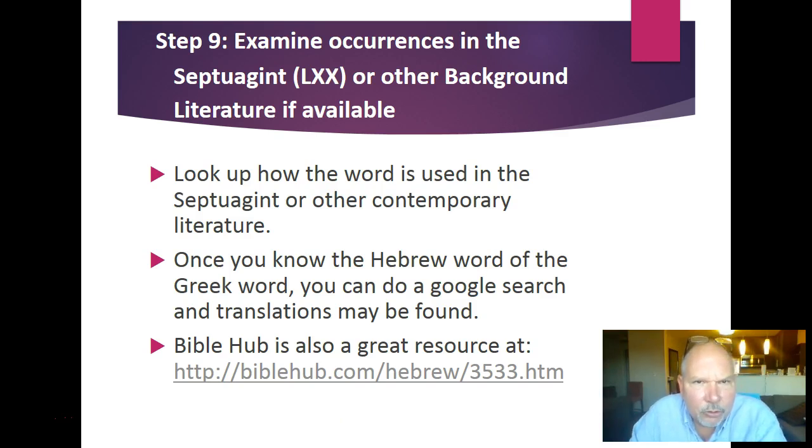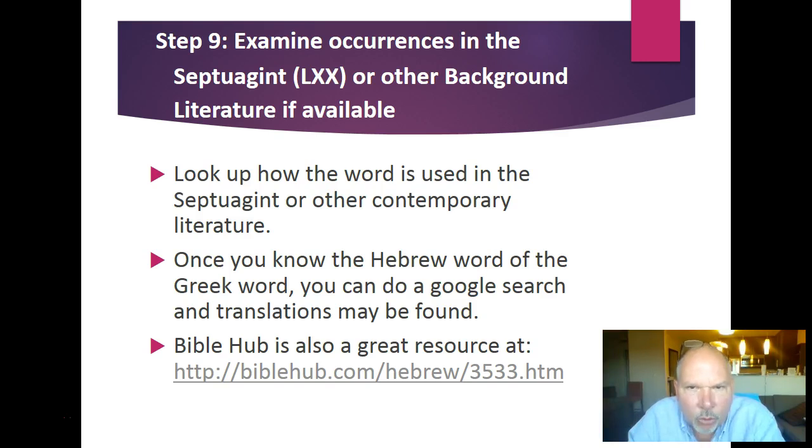Step 9. We've looked at the Hebrew, but the Old Testament is also translated in Greek. This secondary translation is called the Septuagint. And so we're going to want to step back and look at what Greek word is used in the Old Testament Septuagint.